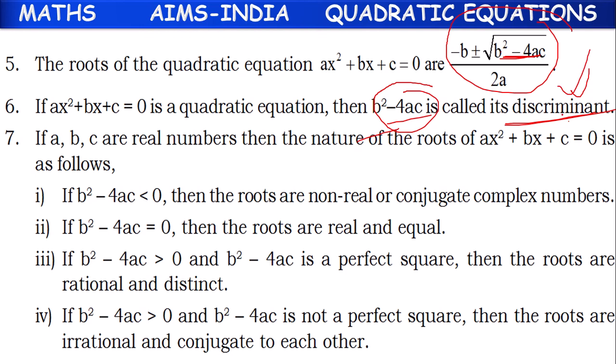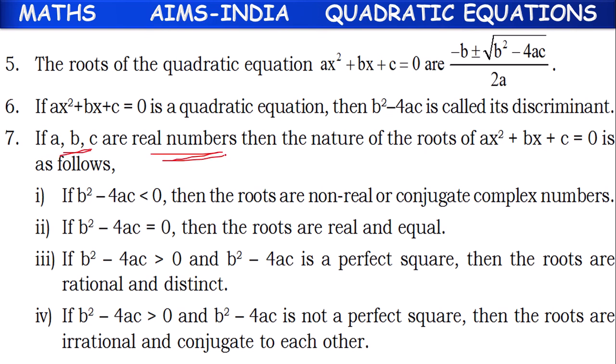It tells about the nature of the roots. Roots means here x values, alpha and beta. This discriminant value tells whether they are real numbers, or complex or imaginary, or equal. Their nature, this discriminant will tell.